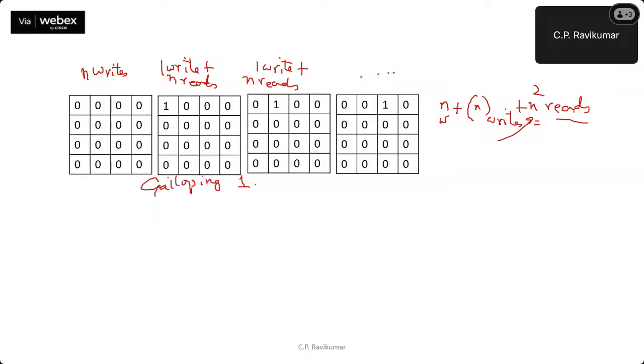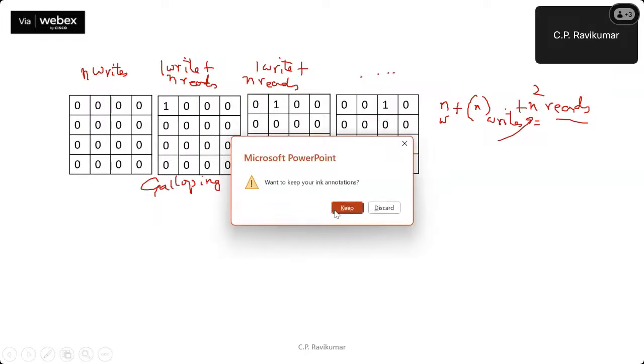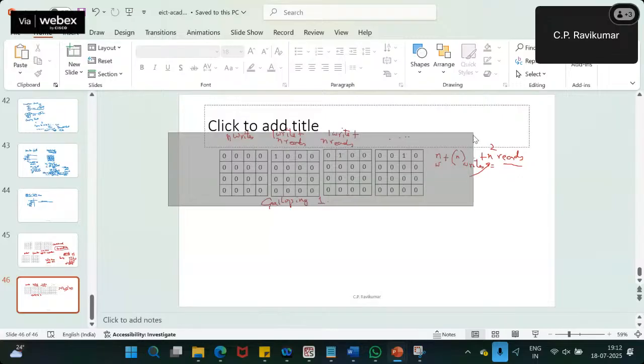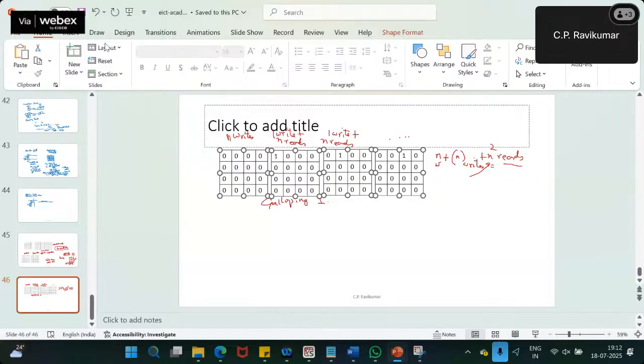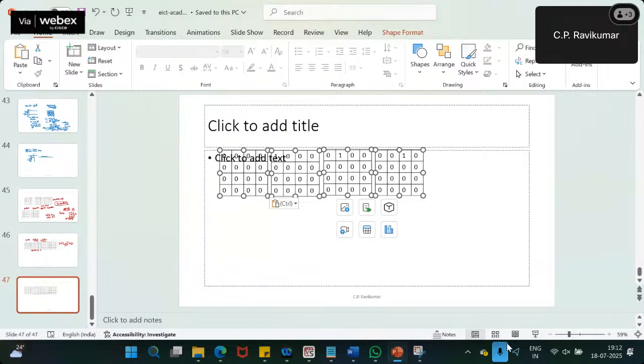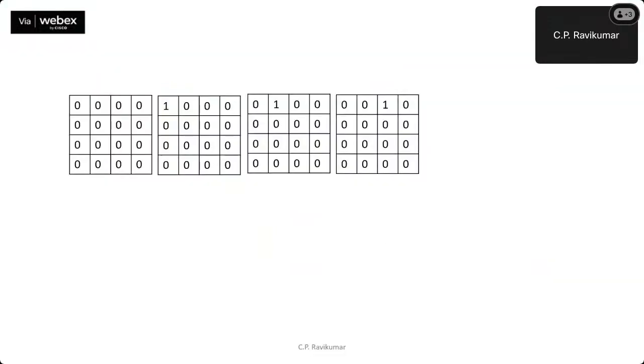So instead, one could do what is called a marching test. So in a marching test, again we'll start with maybe the all zero pattern.